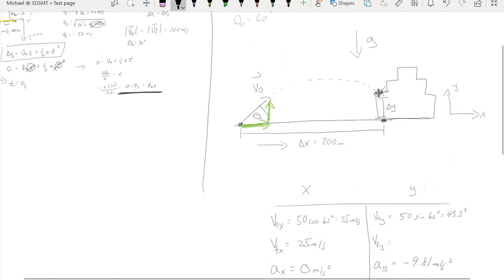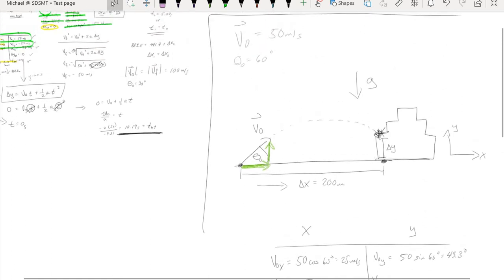Now, for this particular problem, the reason that I did not ask for the maximum height is because how do we know for sure? How do we know that this particular catapult is actually going to achieve the maximum height before it hits the castle?